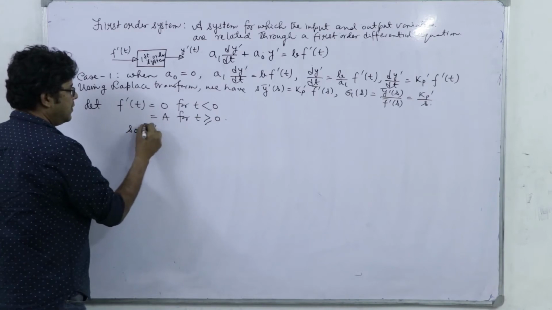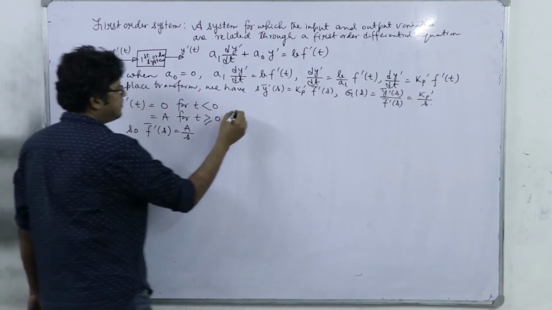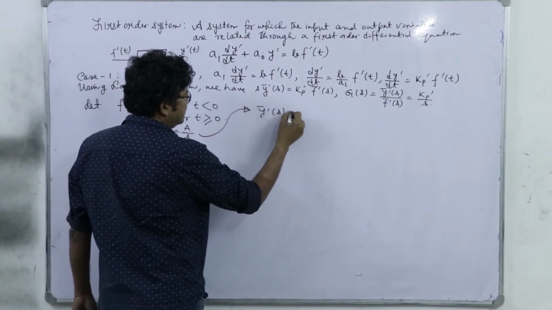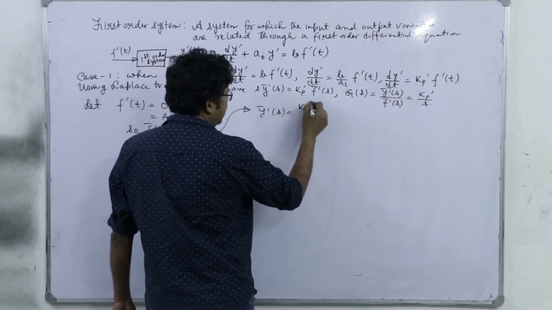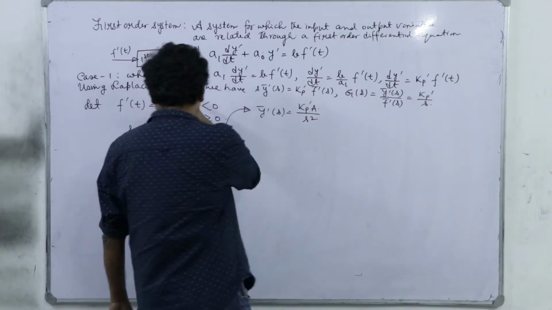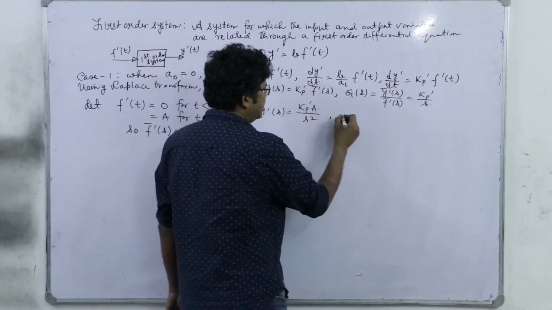So f prime bar s is a by s, and essentially y prime bar s is equal to Kp prime a by s square. So that is the typical step input and its Laplace domain output.